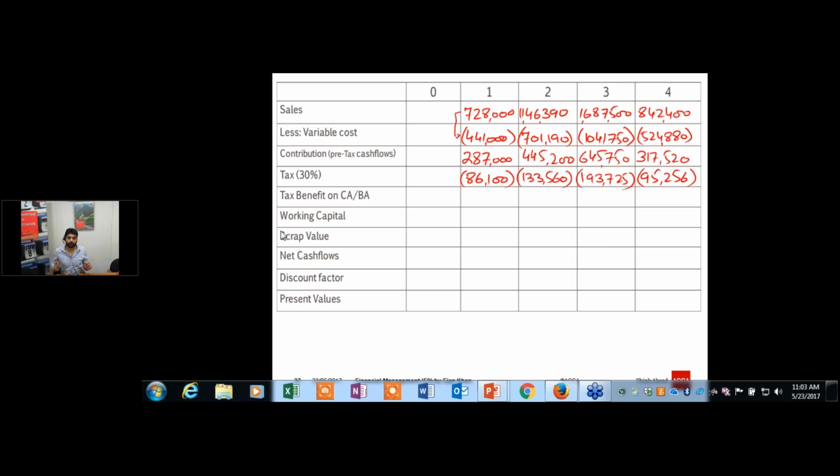So we'll totally ignore the accounting depreciation, because it does not affect any cash flow.